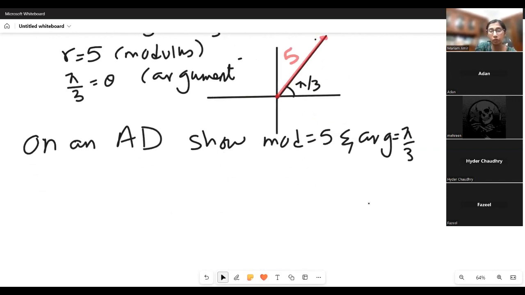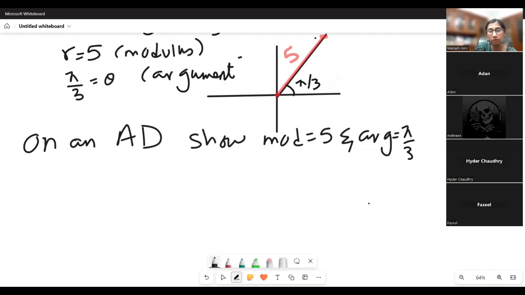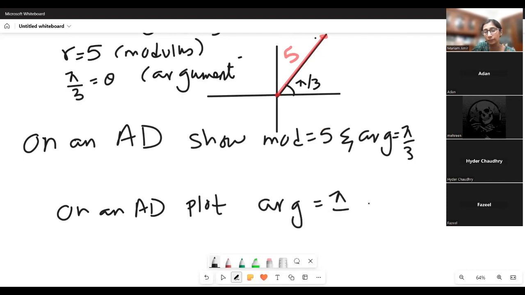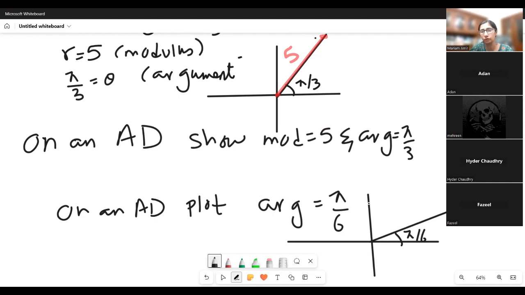Or it might only say: on an Argand diagram, plot or show locus of points with argument equal to pi by 6. Now the radius is not mentioned, so you just draw the line, you do not mention its size. So pi by 6 is 180 divided by 6, which is 30. So you roughly plot a 30 degrees line and write pi by 6 with it. And we don't know the size of the modulus or the length, so just don't write anything.